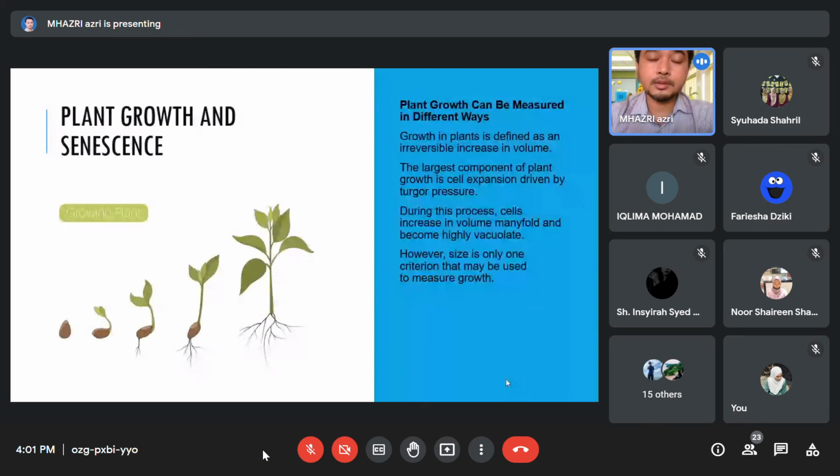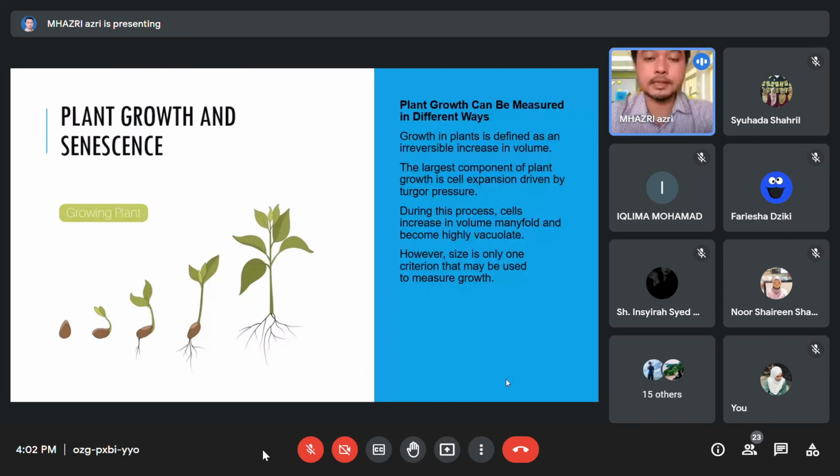So in other words, if we measure the height, the diameter, the girth of the stems, we will measure the size. However, in certain conditions, a plant can increase its growth without increasing its size.